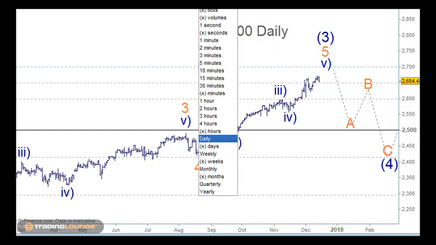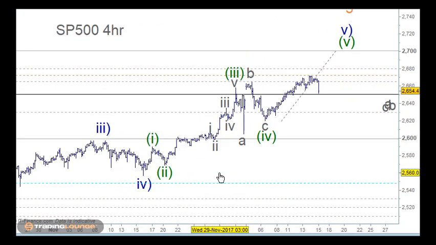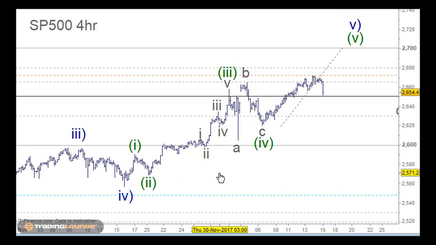So let's move into the 4-hour chart. From this wave 4 here, we're looking for 5 waves up, and we've got wave 1 and 2, and we're looking at all of this being wave 3, and then an A and a B and a C, nearly as an expanded flat correction as wave 4.